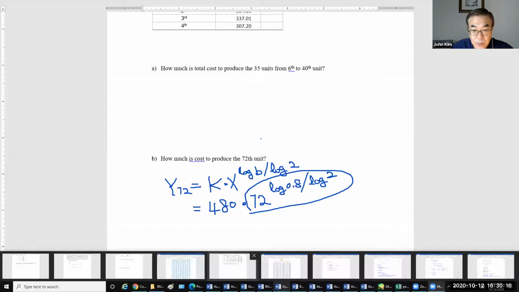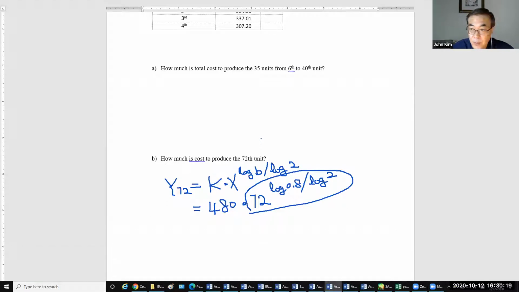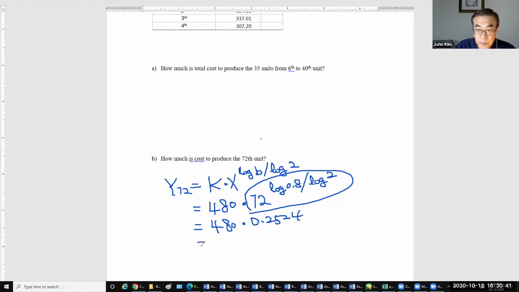So the answer will be 480 times a little bit different, but almost the same, 0.2524, equals 121.15.